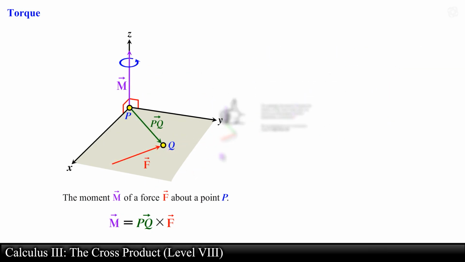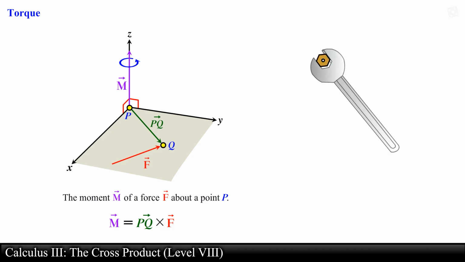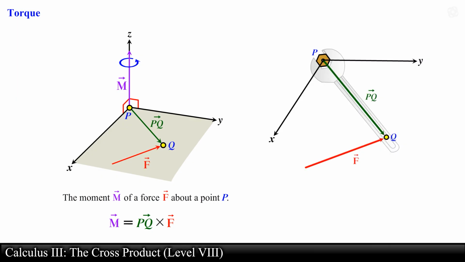The concept of a moment makes more sense if we use a bolt and a wrench. We can tighten a bolt that is located at point P and is perpendicular to the XY plane. By applying a force on the wrench, this will produce a turning effect. In this case, we are producing a moment or a torque relative to point P, or in this case, the origin.